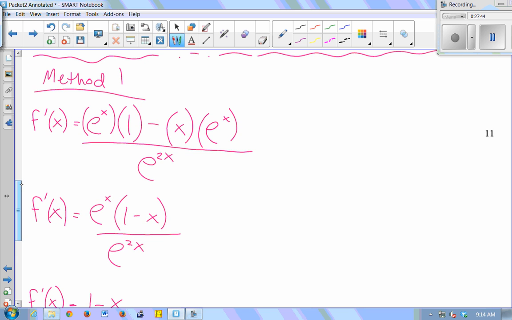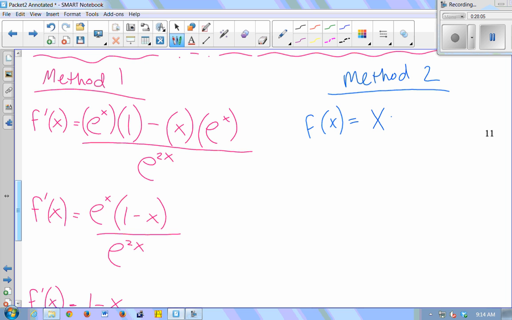All right, so method 2. Involves rewriting f of x as a product instead of a quotient. Instead of x divided by e to the x, I could do x times what? E to the negative x.